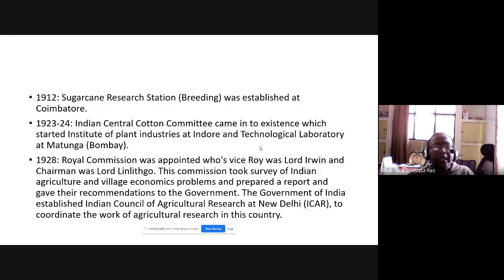So up to 1923, 24, 28, the Royal Commission was the last commission, after which the Government of India established the Indian Council of Agricultural Research. At present, it is working in Delhi.